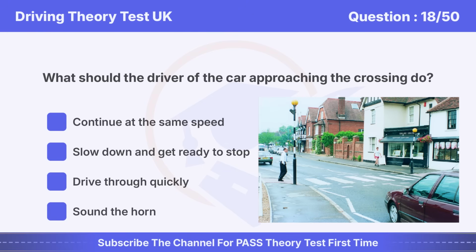Question 18. What should the driver of the car approaching the crossing do? Answer is B. Slow down and get ready to stop.